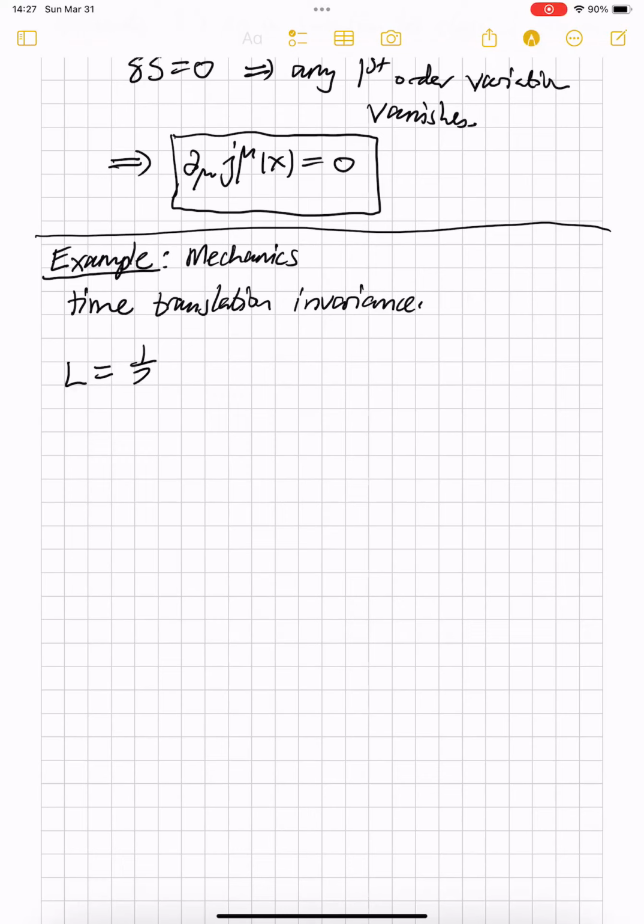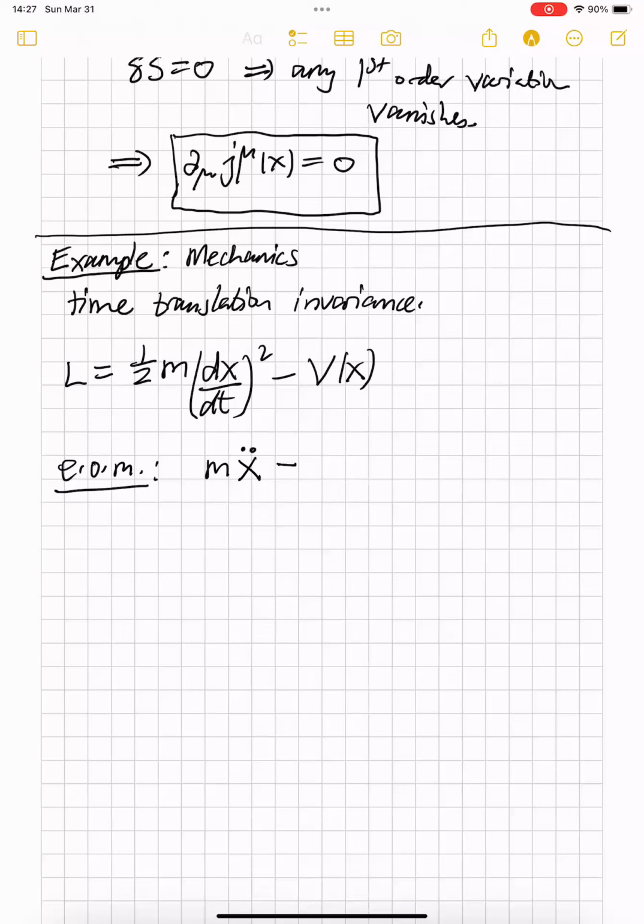So we know what the Lagrangian is. It's 1/2 m (dx/dt) squared minus V of x. That's the Lagrangian. And we also know what the equation of motion is, okay? So the equation of motion is m x double dot is equal to minus dV/dx.